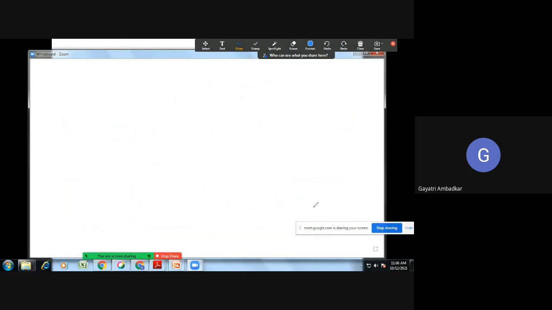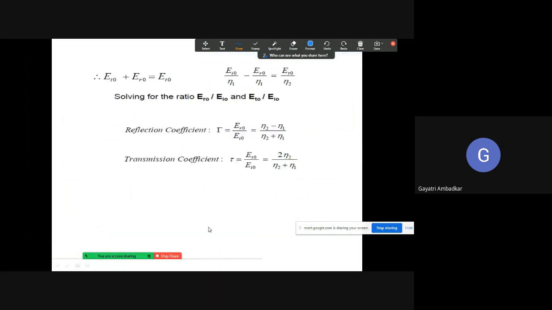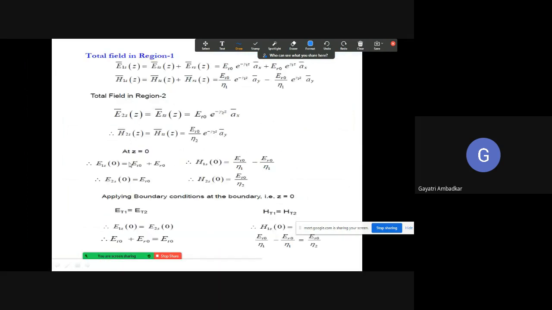Here you see the incident portion. E1s is equal to the incident plus reflected part of E, that is Ei plus Er at z equal to 0.